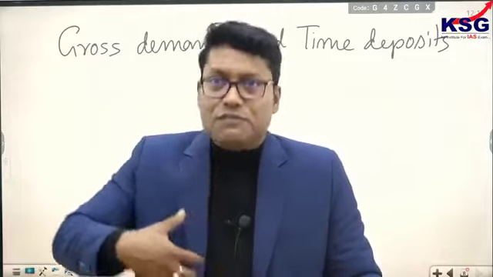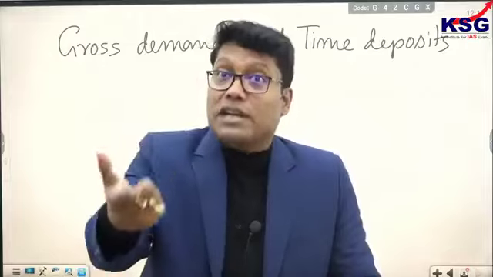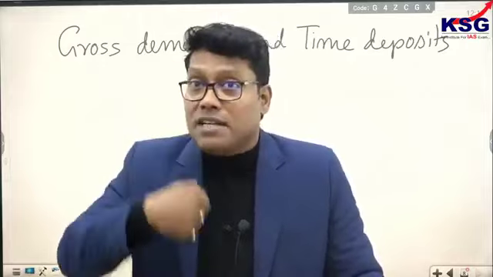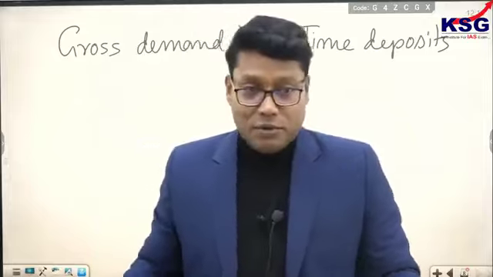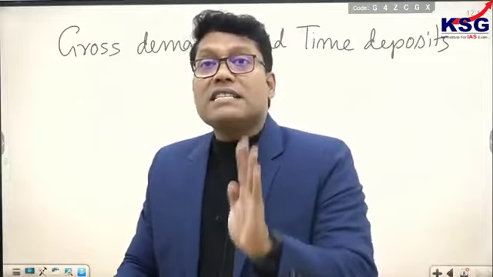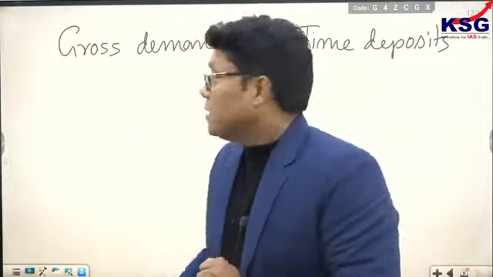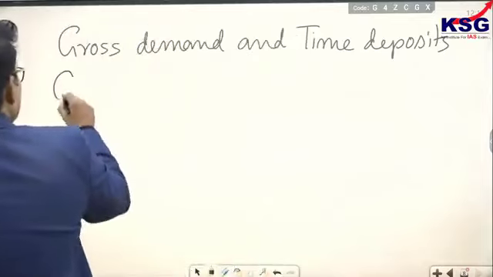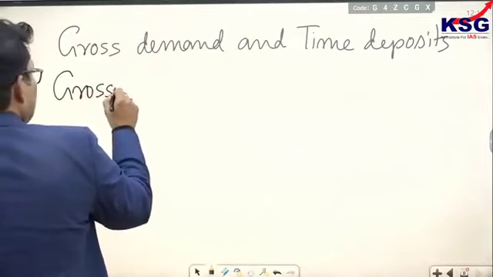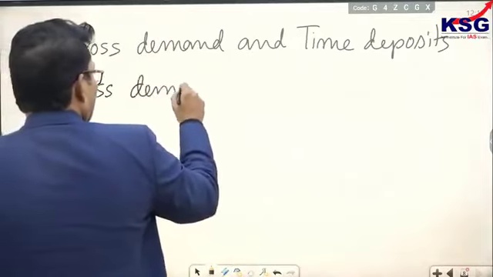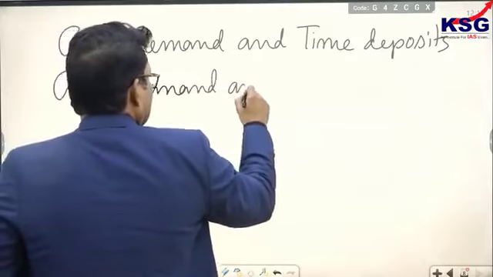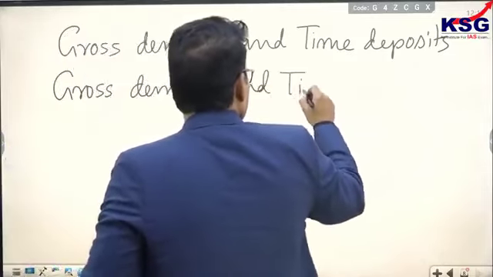So the money which is with me is your claim. It means it is my liability to pay you back. So all demand and time deposits with banks are basically liabilities of banks. So we can write the same thing as gross demand and time liabilities.